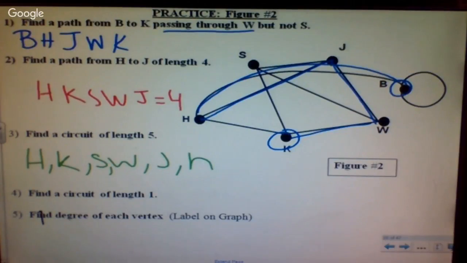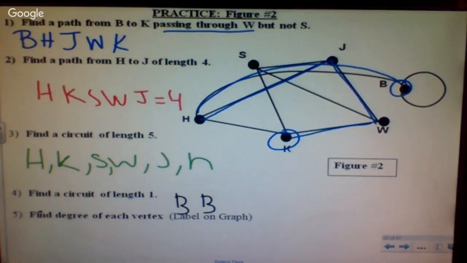Listen, you're better off writing beside it, my friend. That bottom corner is so hard to write in. Good. Anytime they're asking for a circuit of length 1, it's always your loop.